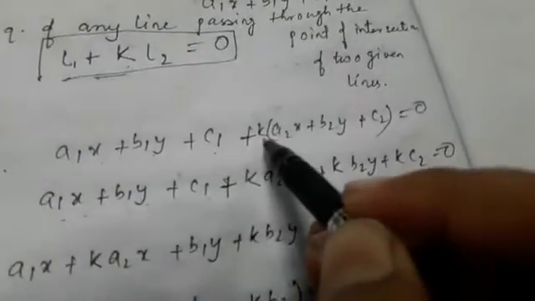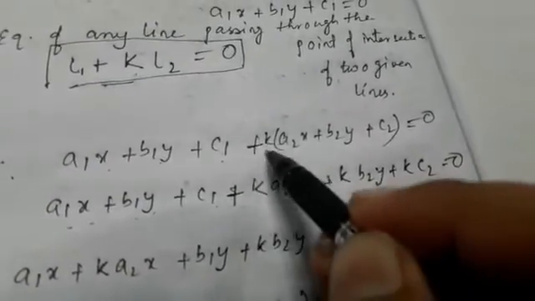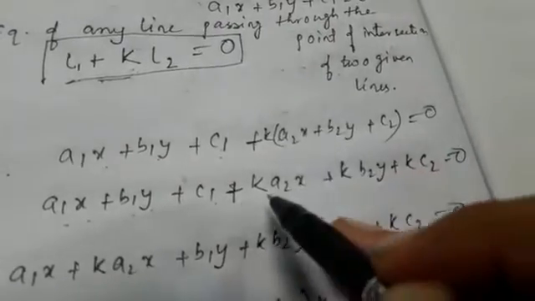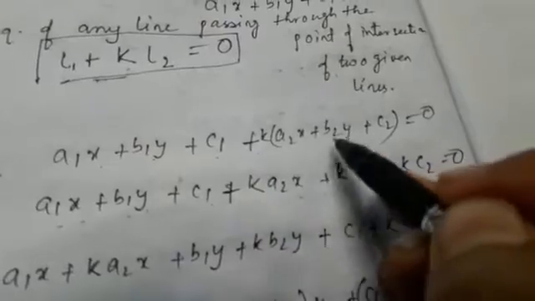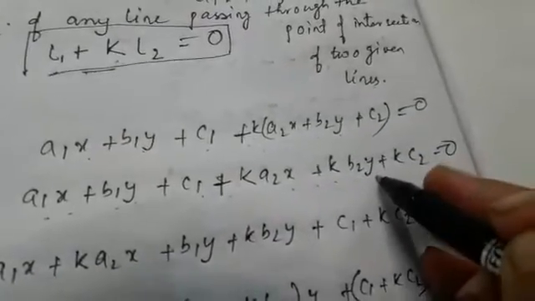Now you open the bracket, you will get a1x plus b1y plus c1 plus k into a2x, that is k a2x, plus k into b2y, that is k b2y, plus k into c2, that is k c2, equal to 0. So after opening the bracket you are getting this.